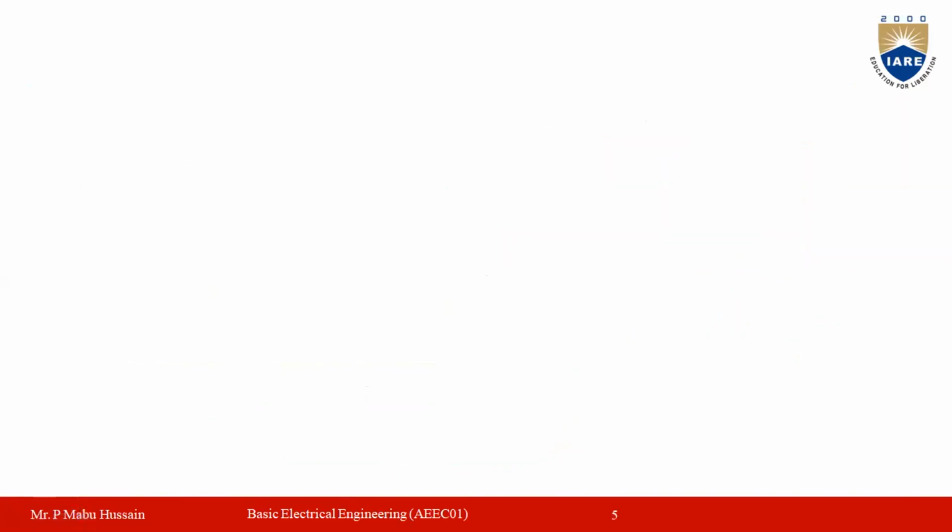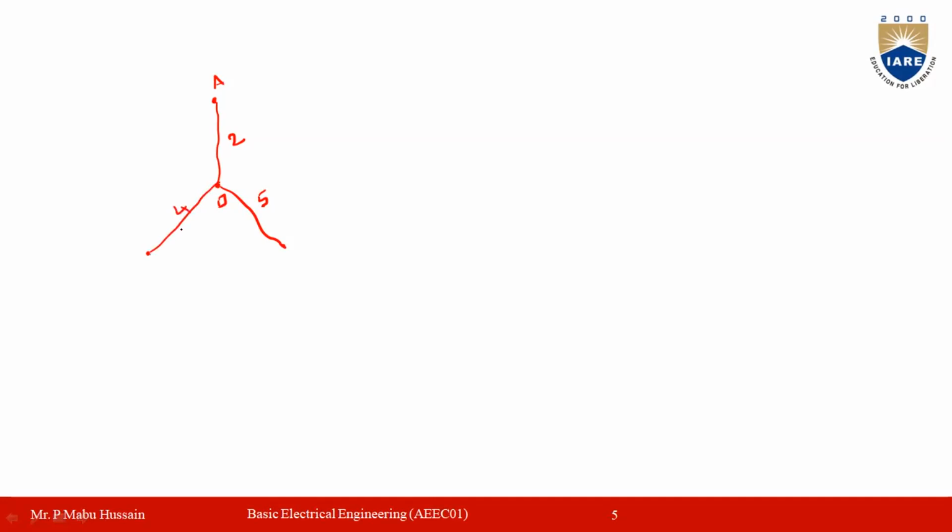We'll write it in the next slide. So between A and D you have branch 2, and between D and B you have branch 5. Between these two you have branch 4.